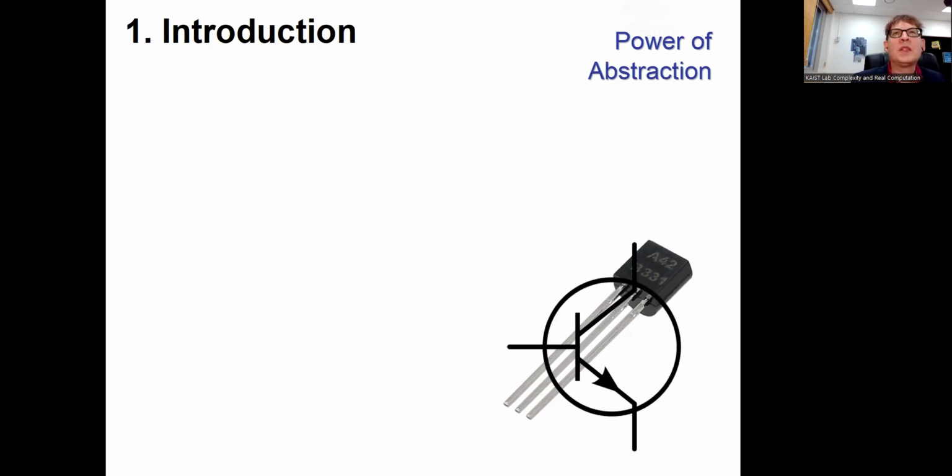When there's a signal entering at the base, then the signal from the input can proceed to the output. So it's a control switch, and that's already an example of abstraction, because at this level, everybody can understand the transistor as a controlled switch for passing digital signals.